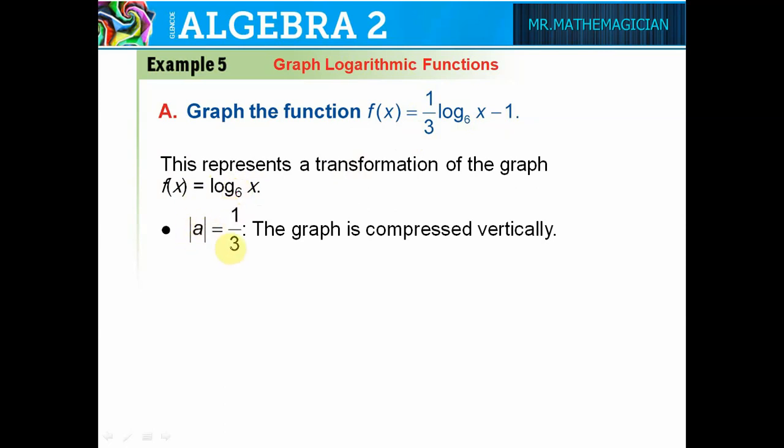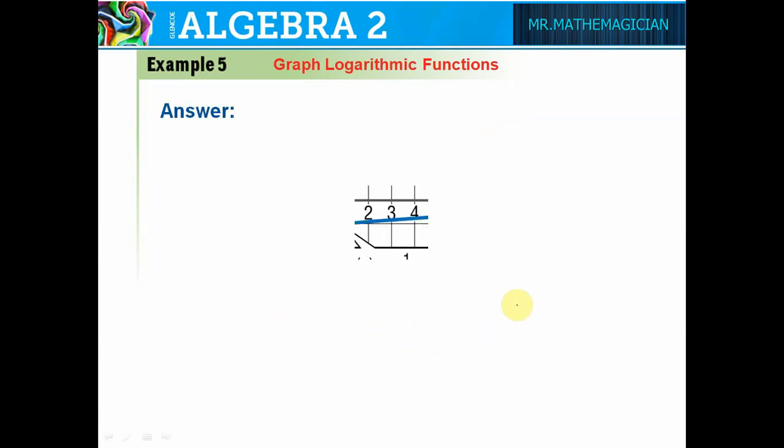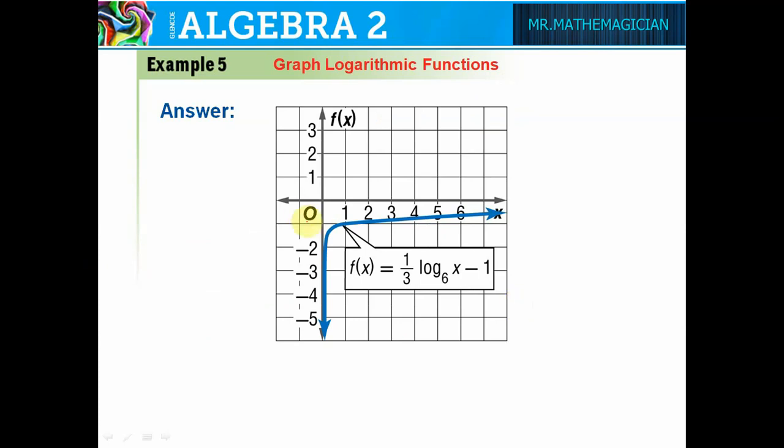The absolute value of a is a third, so it's compressed vertically. h equals 0 because we don't have a number subtracted from x or added to x, so there is no horizontal shift. k is negative 1. The graph is translated 1 unit down. So the graph will take this shape.